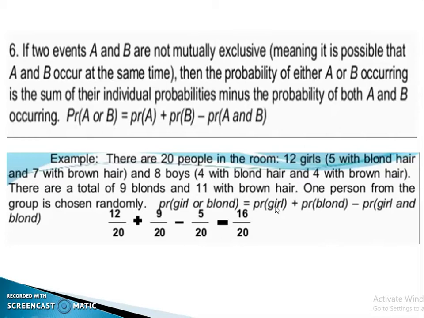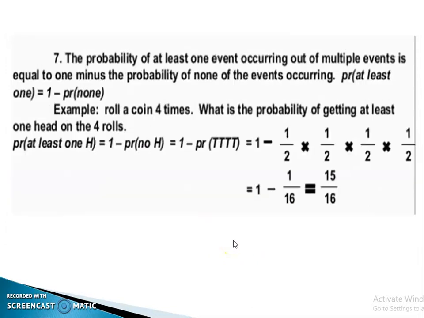Probability of blonde, there are total 9 blondes, so 9 out of 20, minus 5 out of 20, which is the probability of a girl and a blonde. As we counted 5 girls in this number 9, so we subtract 5 out of 20. Solving these probabilities, we get 16 over 20.